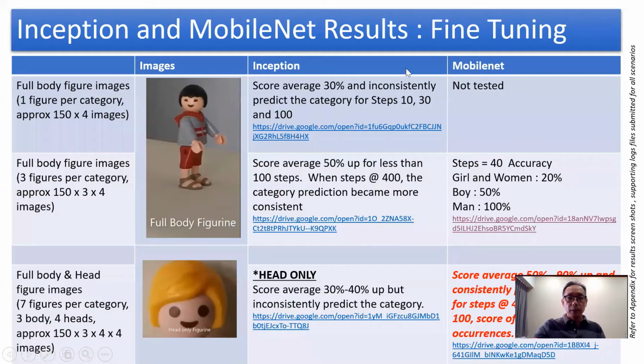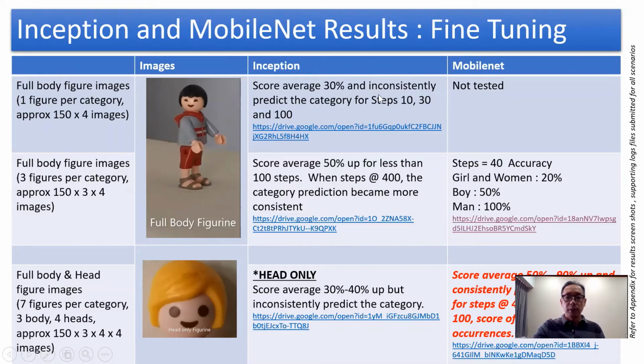So we are back here on the next page, which is the results and the fine tuning. How I started the whole program and trial and error was with a full body, this called a full body figurine. Started with the Inception model, and the first time I ran it, it was just one figure, 4 categories, and the score was an average of 30%, which is not good, especially for the low steps.